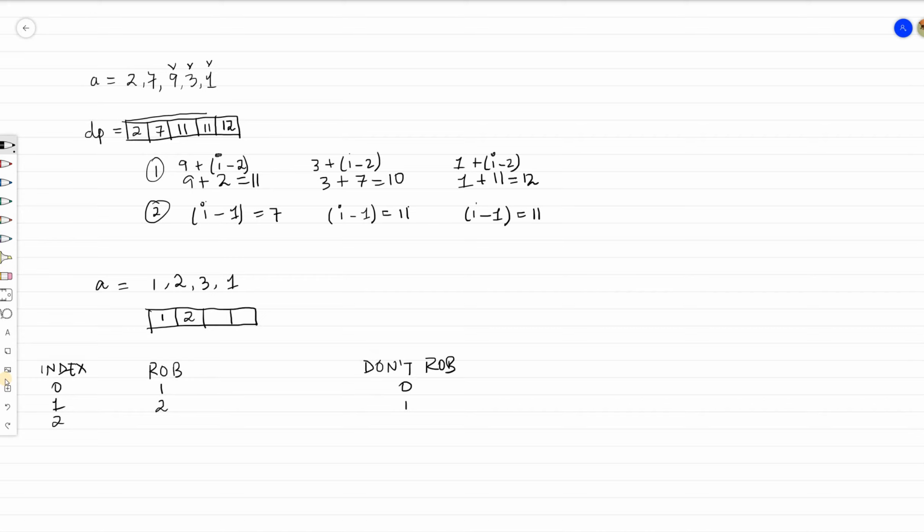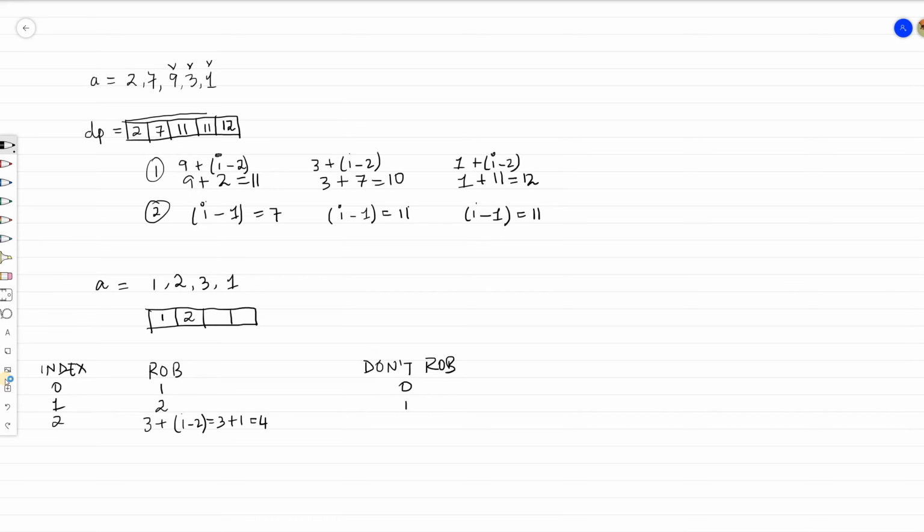Moving on to the next index, I have a value 3. Since this formula becomes eligible from the second index, we are going to apply this formula now. We look at the current value plus i minus 2, so it becomes 3 plus 1, which is 4.